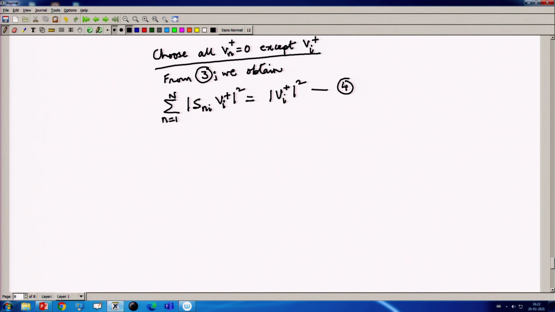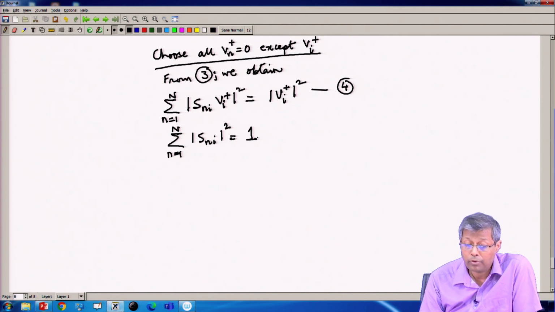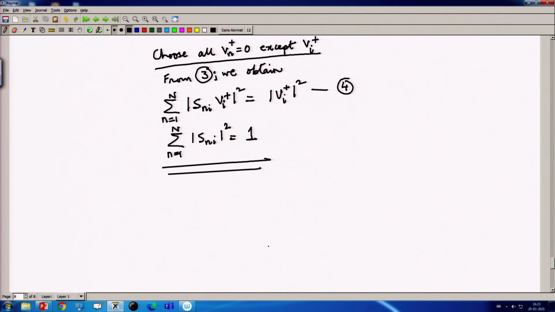So, now we can see from 4 that, cancelling mod V i plus square on both sides, we obtain this relationship, and that can also be written as, where S n i star is the complex conjugate of S n i.